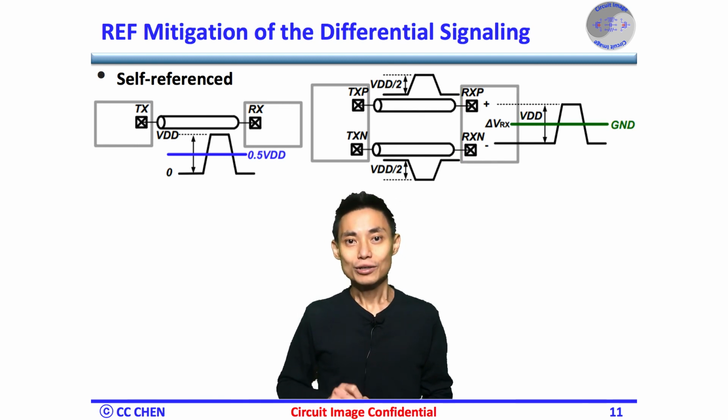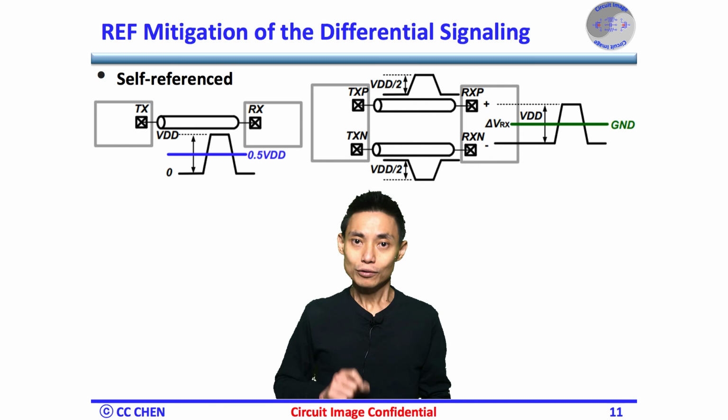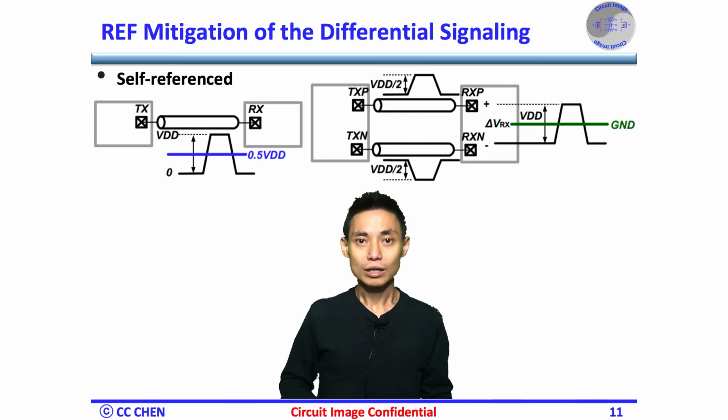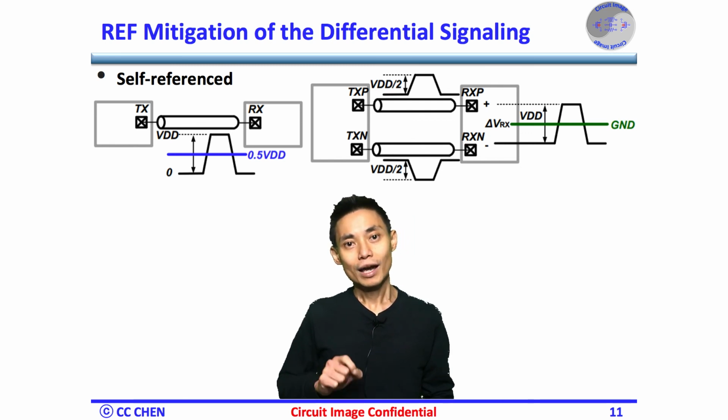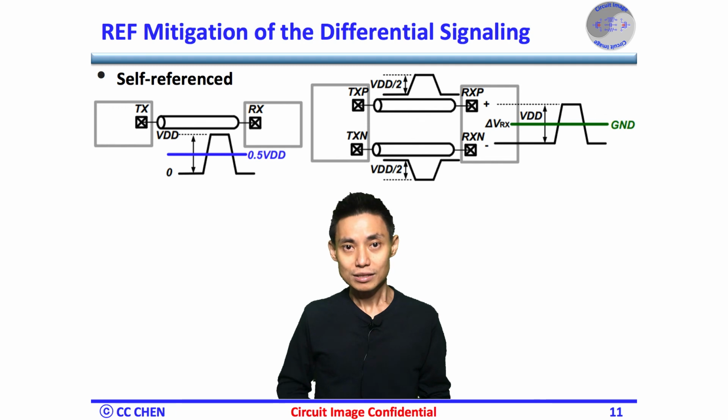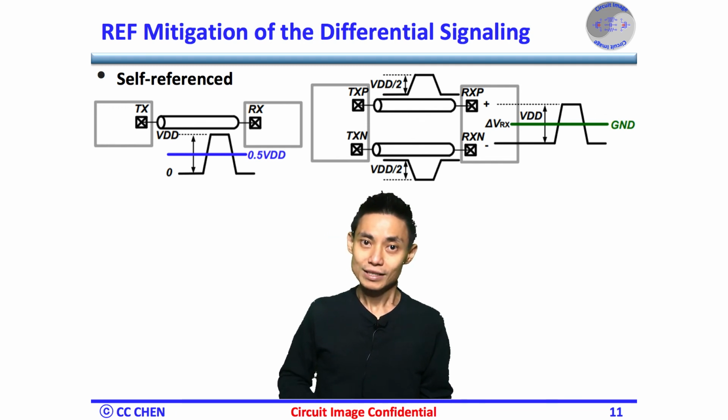So, there's no need to generate any required voltage level. The beauty of the self-reference level is that it has better immunity to crosstalk, common mode noise, and receive voltage drop concerns than any other voltage reference.